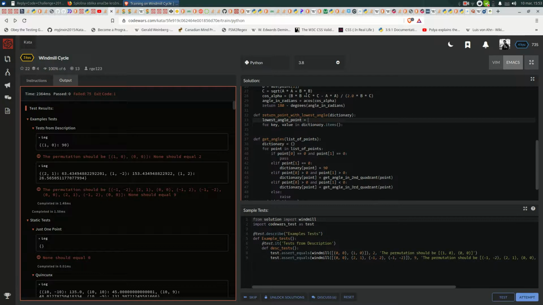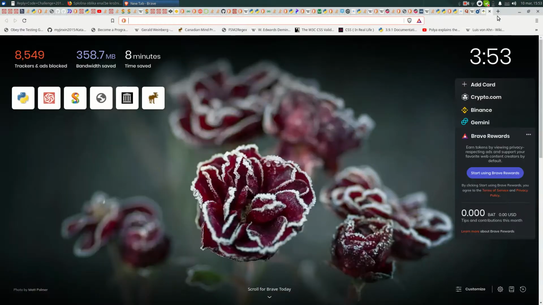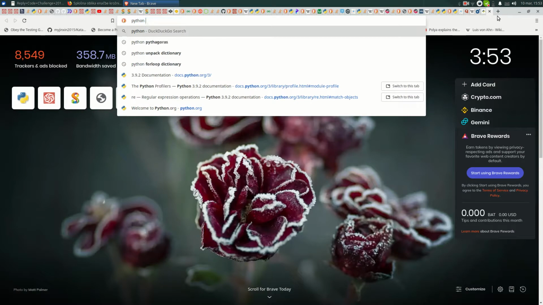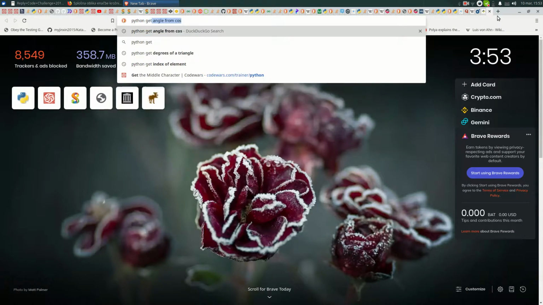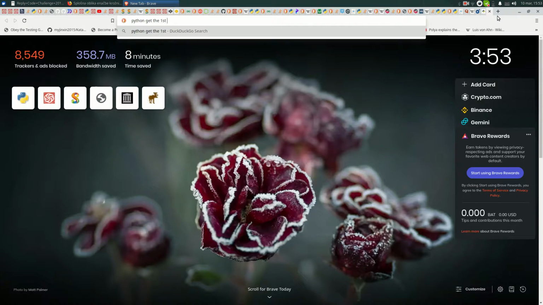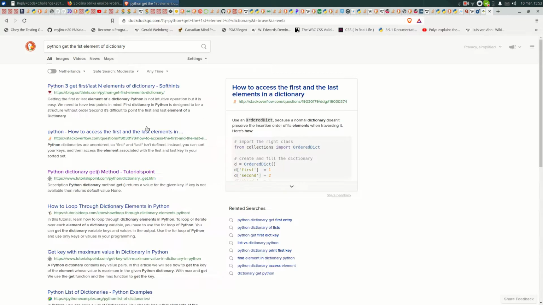How do we get the first element of a dictionary? Python, I haven't worked with dictionaries for a long time. Get the first element of a dictionary, both key and value pair.